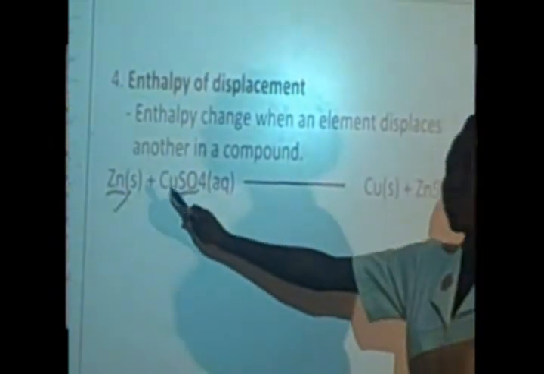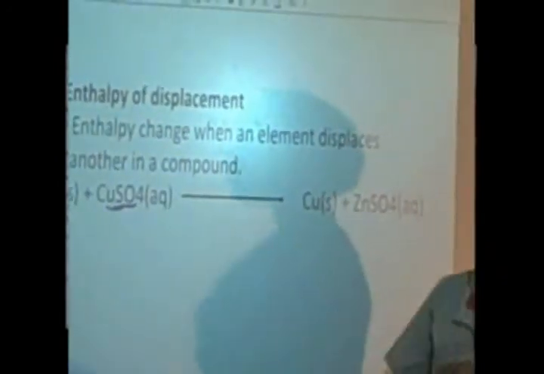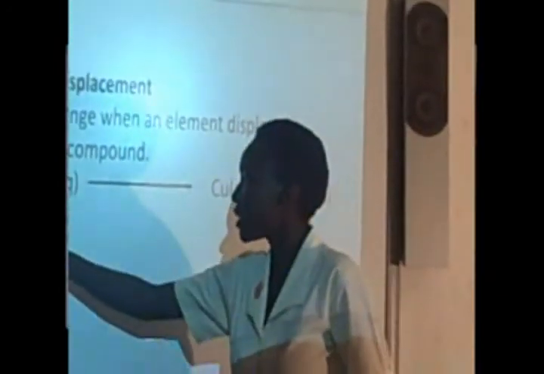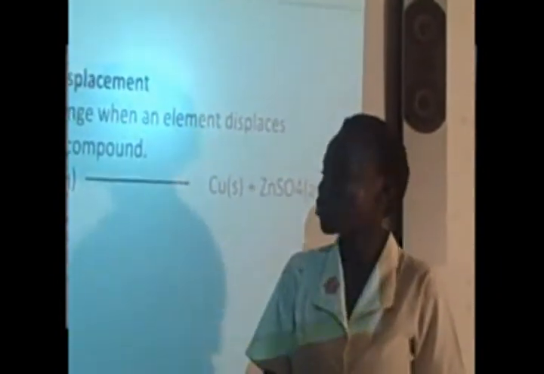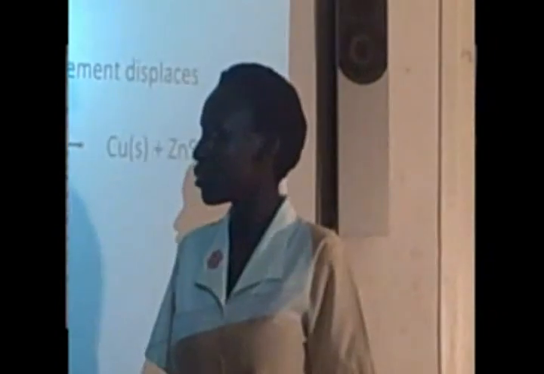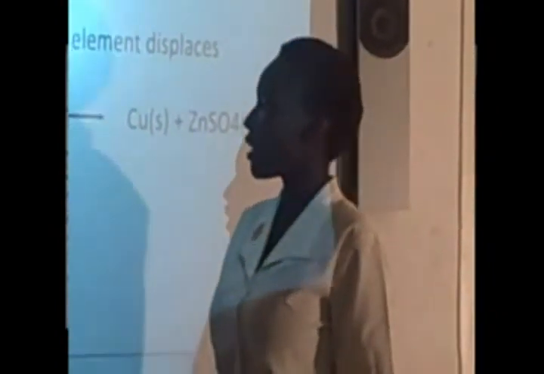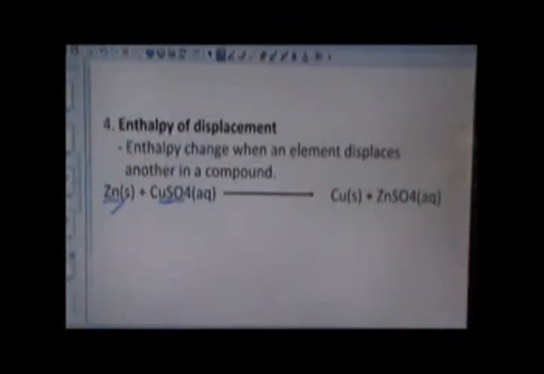So 1 mole of zinc will react with 1 mole of copper sulfate to give you copper solid and zinc sulfate. You see, zinc has displaced copper from the sulfate. So copper comes out as a solid. And when we look at this reaction, is it negative or positive delta H? As you can see, bonds in this reaction are being broken and also being formed.